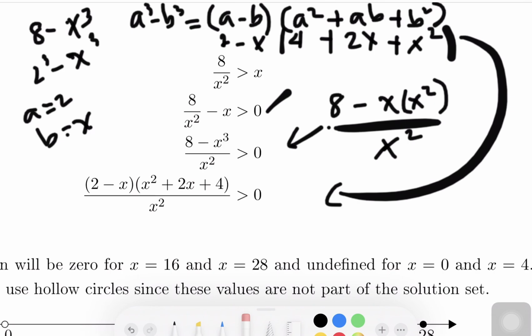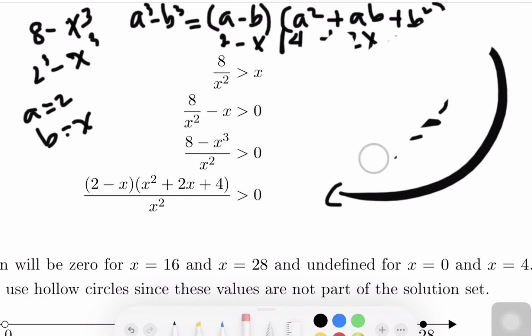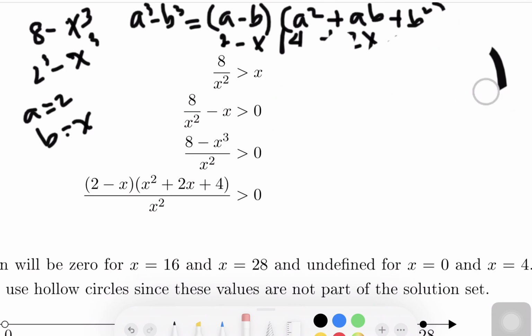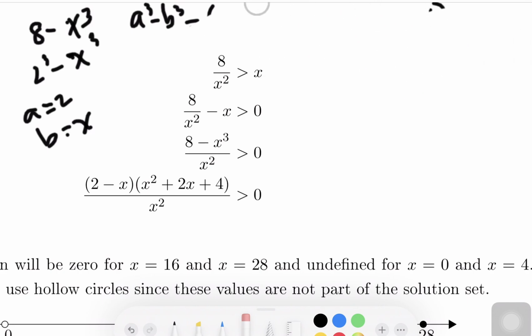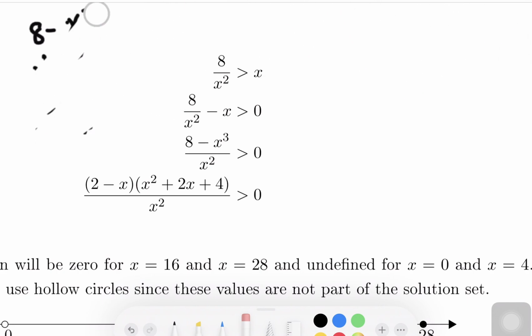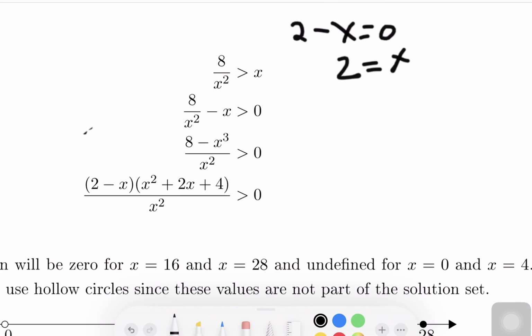The next part is to find the zeros of the numerator and the undefined values of the denominator. For the numerator, we have 2 minus x equals 0. So solving, we have x equals 2. This is for the zeros.